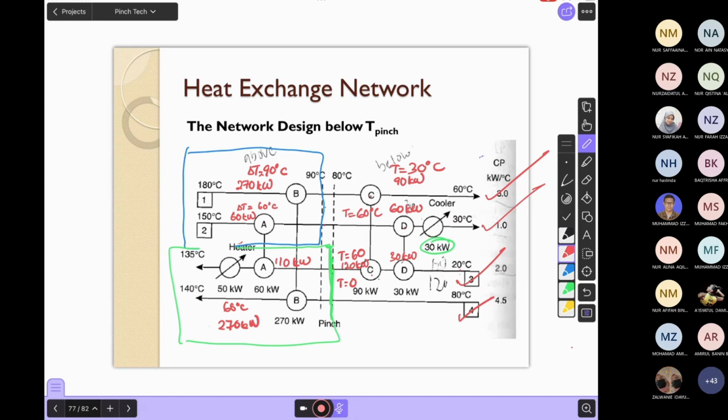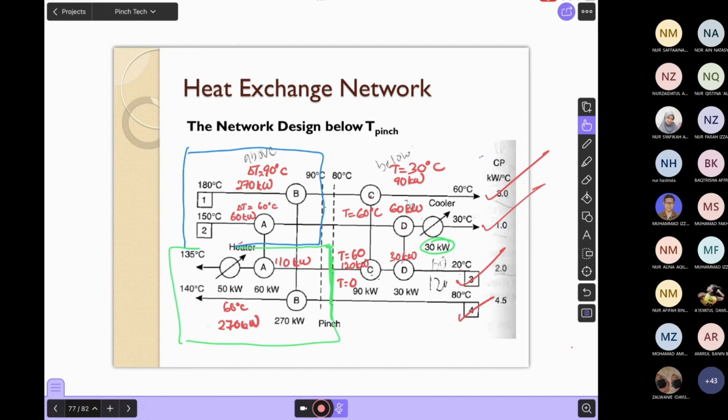Okay. So, soalan. Tolong faham betul. If you were to use the pinch temperature, you are given the temperature difference between the cold stream and the hot stream is 10 degrees Celsius.